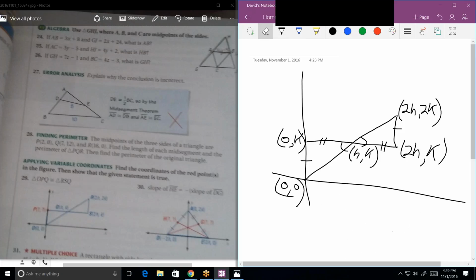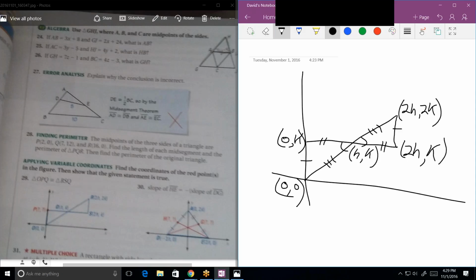Let me erase that. If we want to, we can prove that this side right here is the same as that side by figuring out its distance using the distance formula. Yep, and that may be what we have to do here.